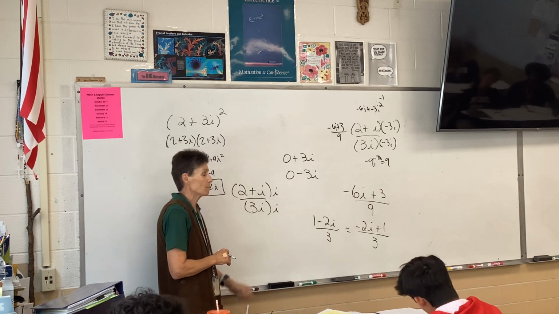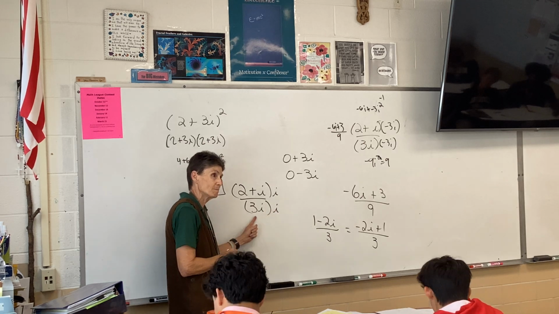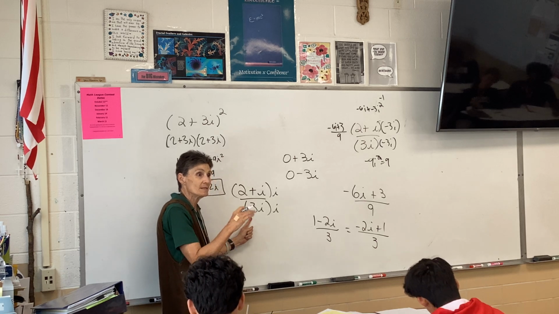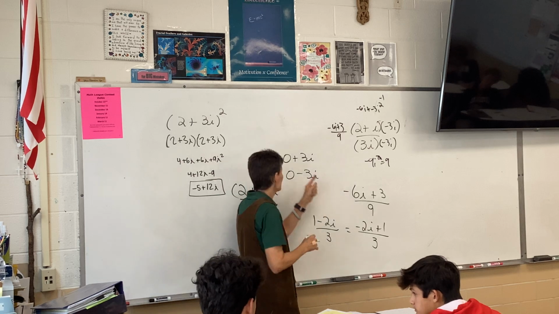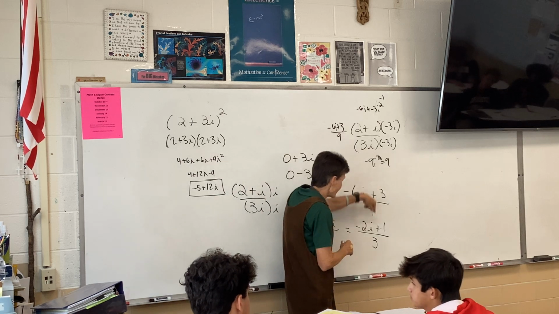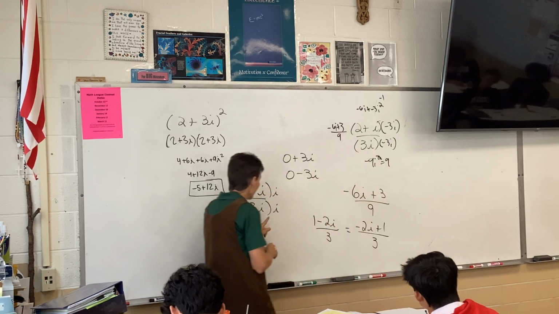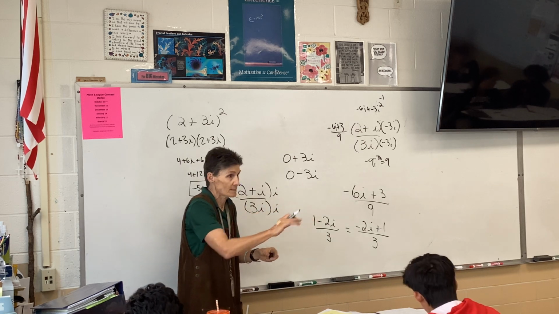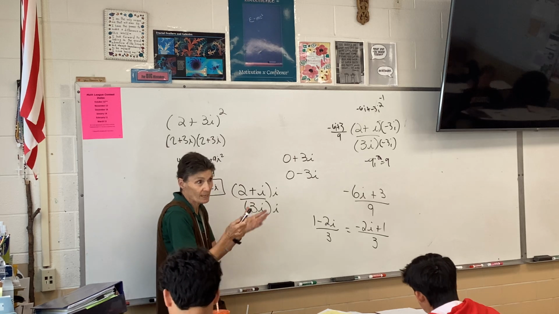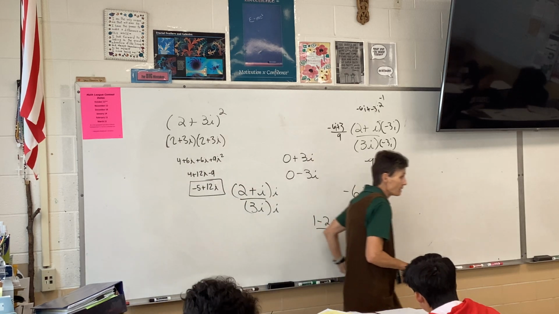It's still going to work, because on the bottom it's going to give me a negative 3. And then I won't have this 3, Jake, that you ended up canceling out. So if you multiply by just i, you won't have to cancel. It doesn't make any difference at all. Just remember to cancel. Okay, perfect.